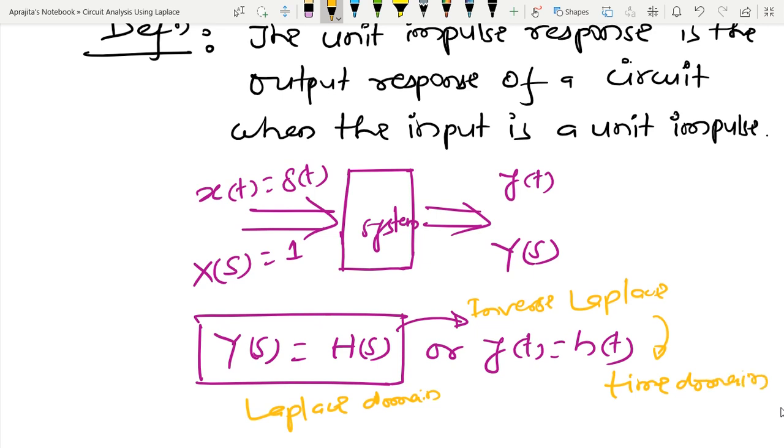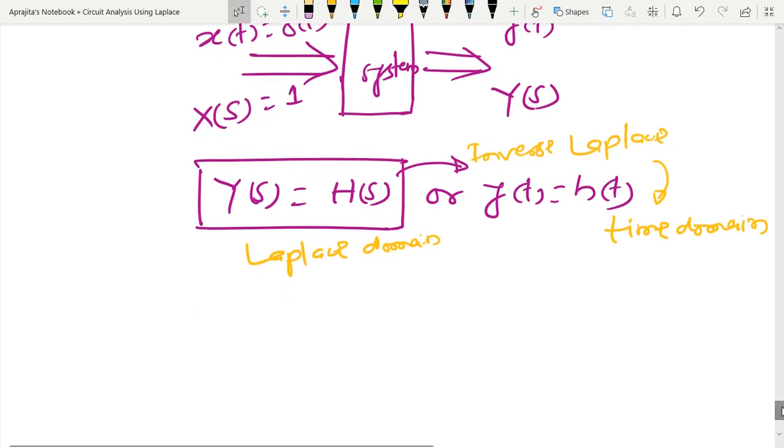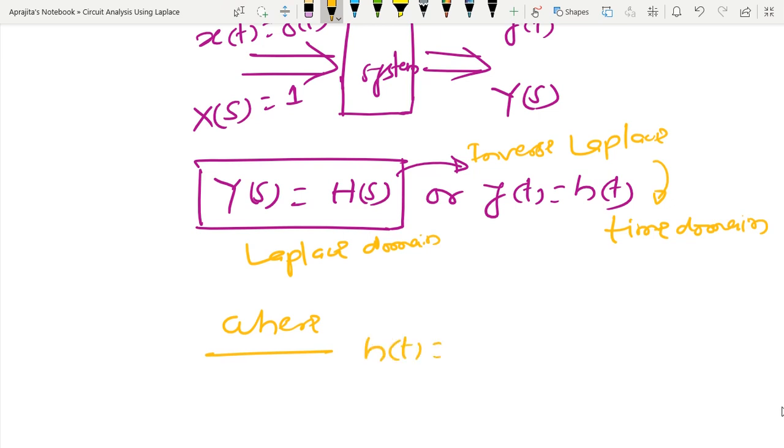So h(t) is the unit impulse response, and I can calculate h(t) directly like this. h(t) is the inverse Laplace transform of H(s), because now you can see that H(s) is exactly equal to Y(s).